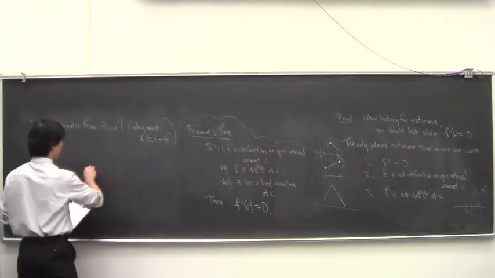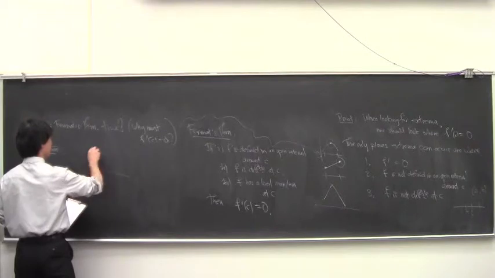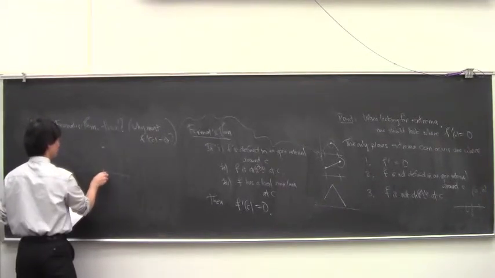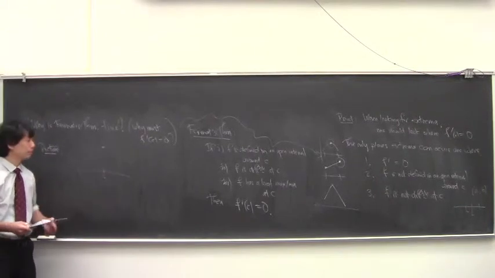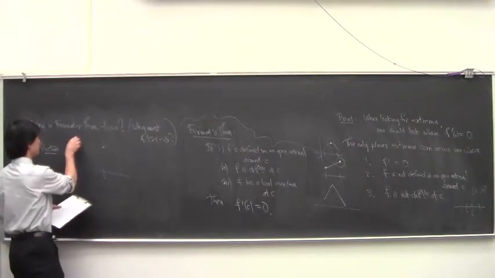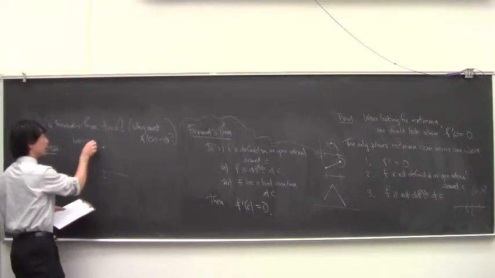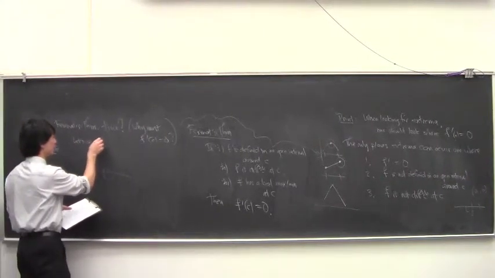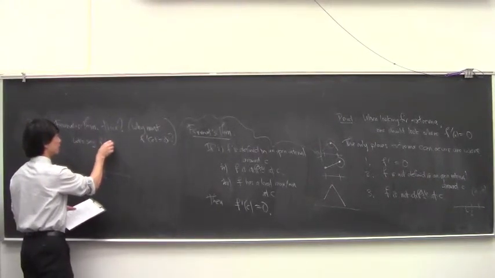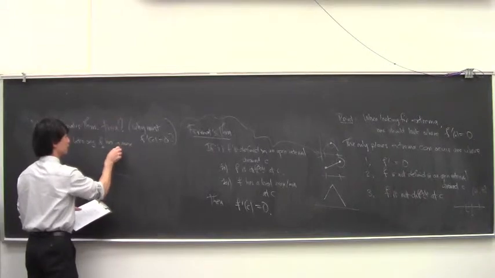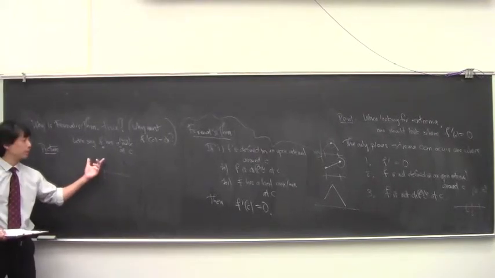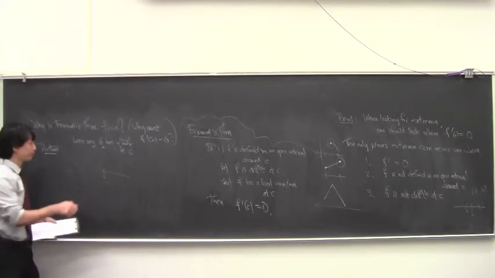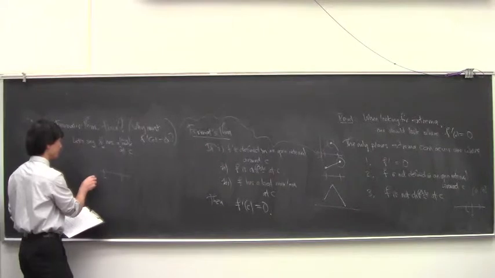You have some function, and you know that this thing is a max. So let's say that f has a local max at c. All we know is that it's bigger than everybody else nearby.